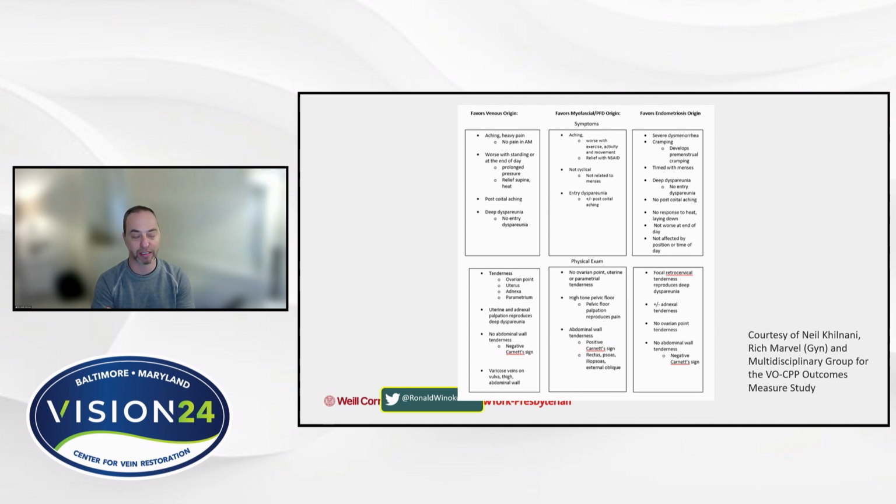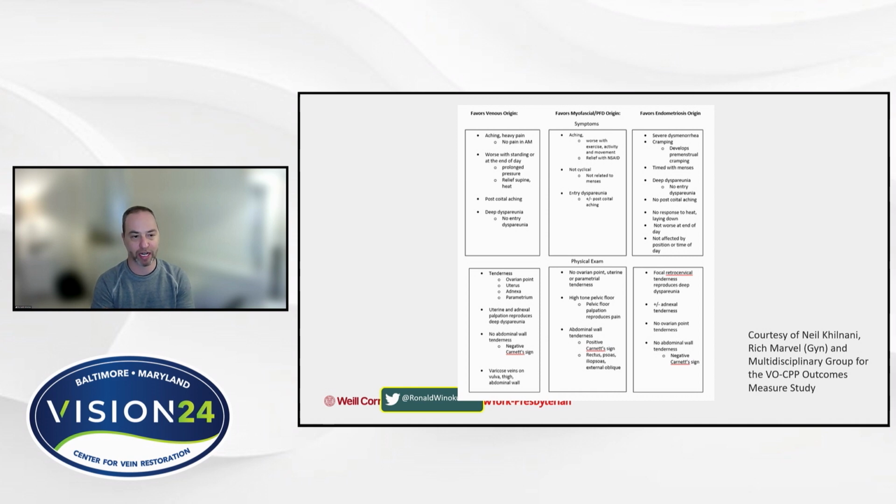This is during the development of that particular study, so it may not be in the latest stage as the data gets populated and finished off, but it's currently being put together, differentiating between myofascial pain, endometriosis, and other disorders that cause pelvic pain compared to venous origin pelvic pain.